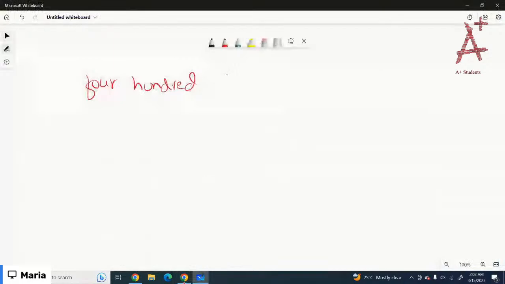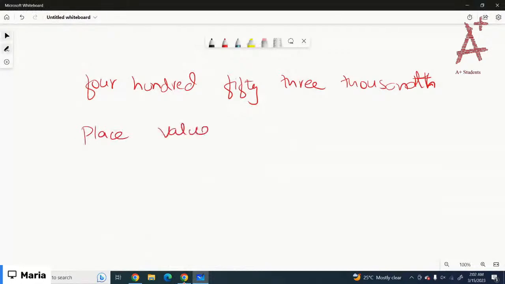Okay, so basically the place value chart is, for example, we have a number 0.234. Got it? So the 0 is the digit that is at the ones position.